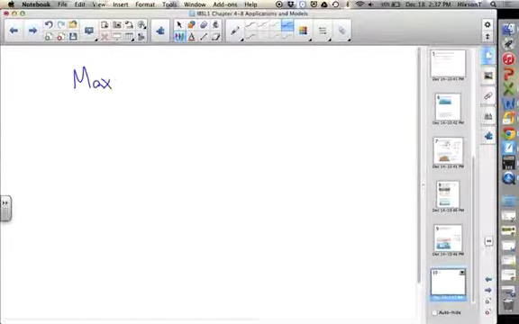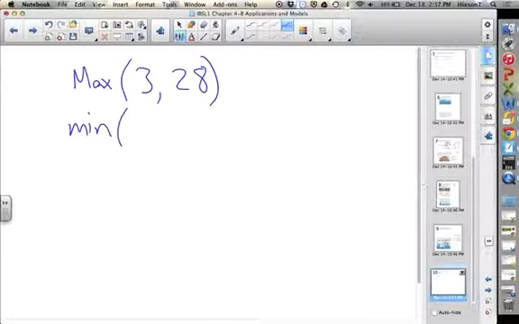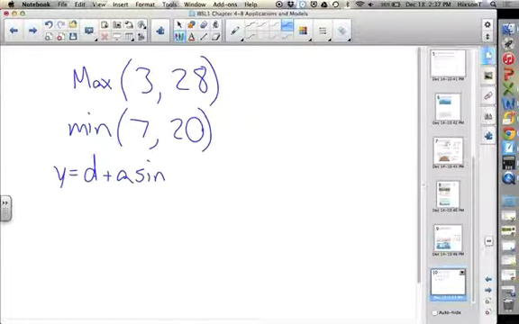I have a max point at 328, and I have a min at 720. Okay, and we're going to use y equals d plus a sine of bx minus c. If I give you this and I tell you to use a sine curve, that's actually enough to figure out everything.